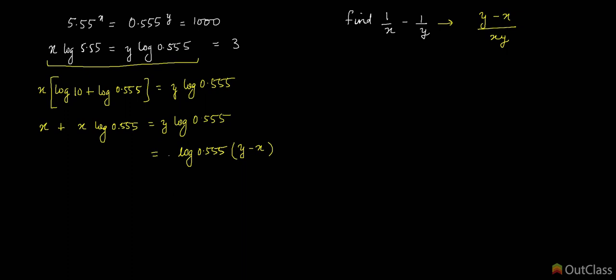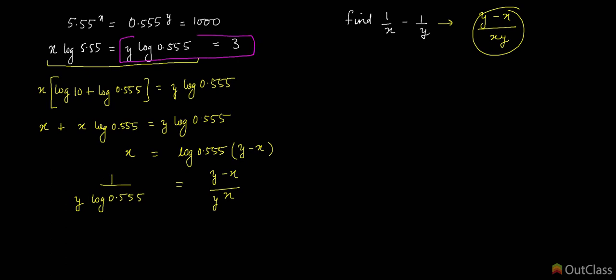So you'll get log 0.555 the whole into y minus x is equal to x, and we get y minus x by x is equal to 1 by log 0.555. What we want is y minus x by xy, so you can put a y here and you can put a y here. Now what is y log 0.555? We already found that to be 3. So if you make the substitution, it will become 1 by 3, and 1 by 3 is your answer.